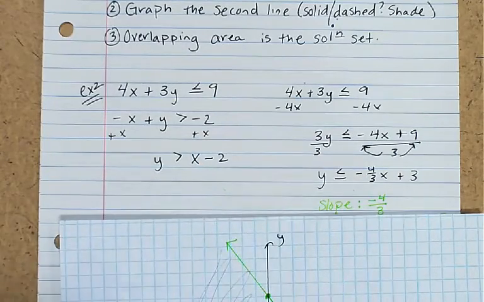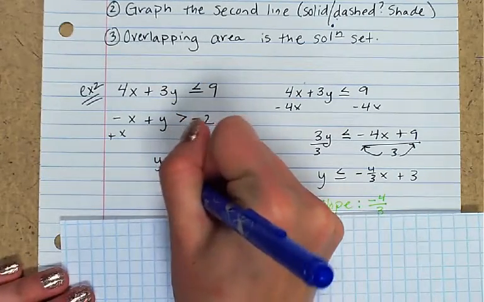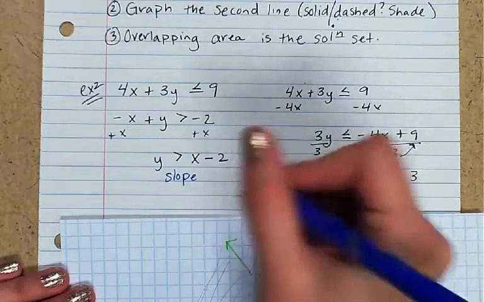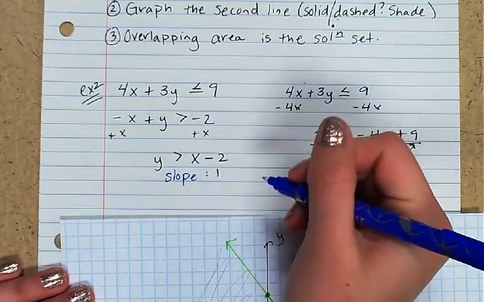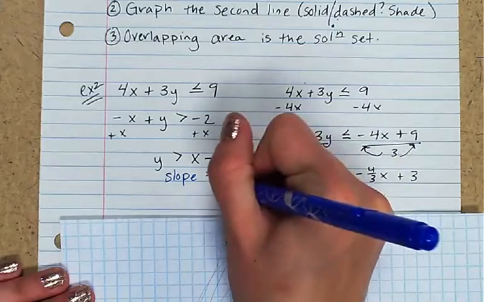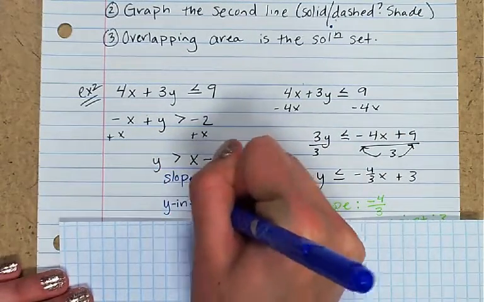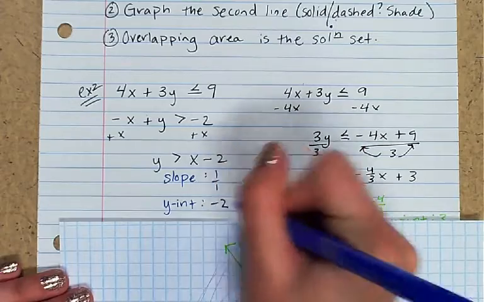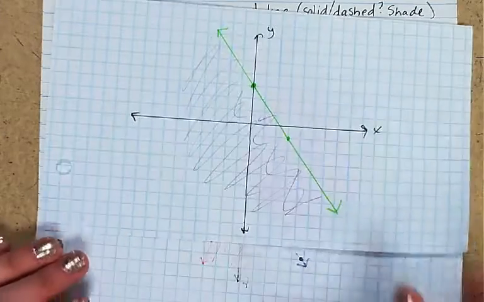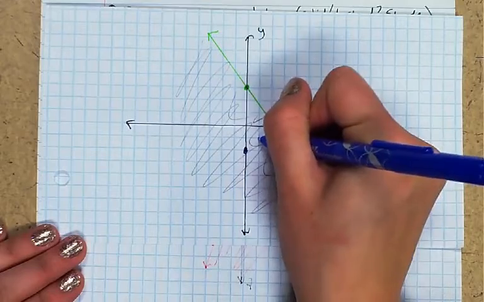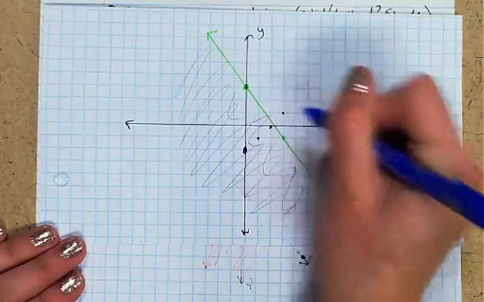So here, again, if it's just a plain x, there's an imaginary 1 in the front. So our slope is 1. To turn that into a fraction, I'm just going to go 1/1. And then our y-intercept, the number by itself, is -2. So start with your y-intercept at -2. From there, we're going to go up 1/1, up 1/1.